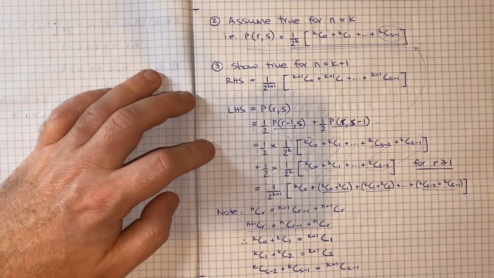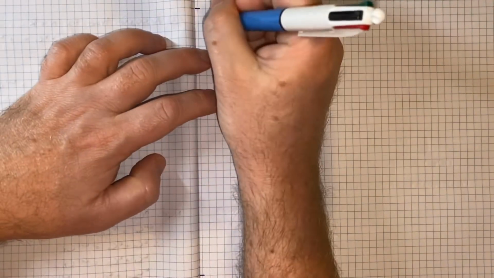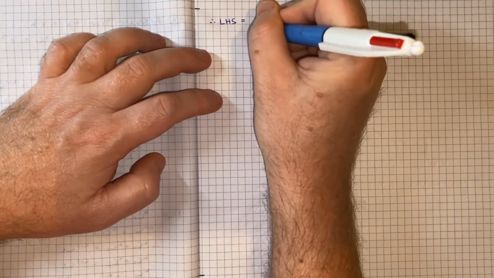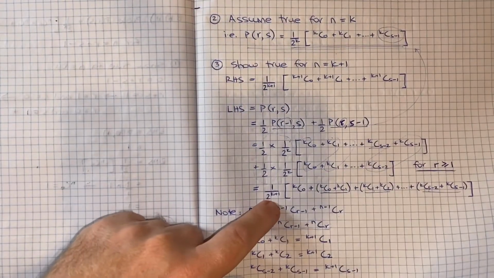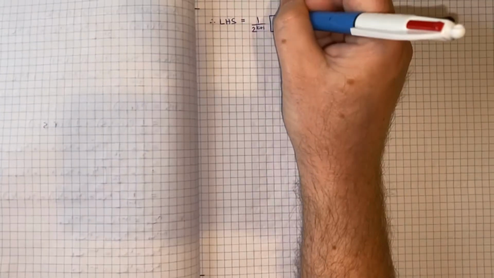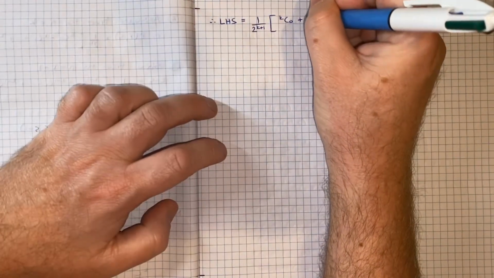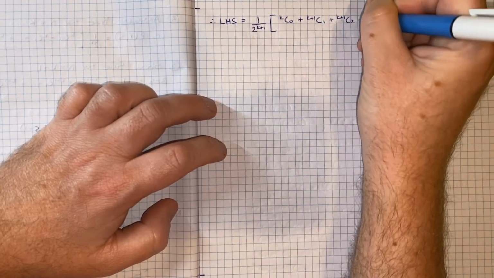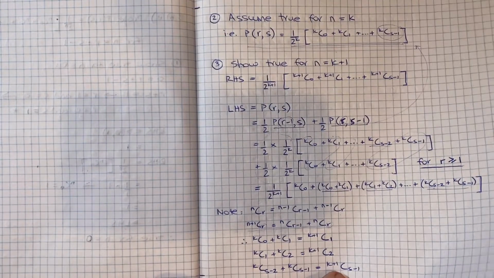I'll have to turn over now to say, therefore, our left-hand side is equal to 1 on 2 to the k plus 1. That's what we had factored outside. Our kC0 plus this we can replace with k plus 1 C1 plus k plus 1 C2 and so on, all the way up to our k plus 1 Cs minus 1.